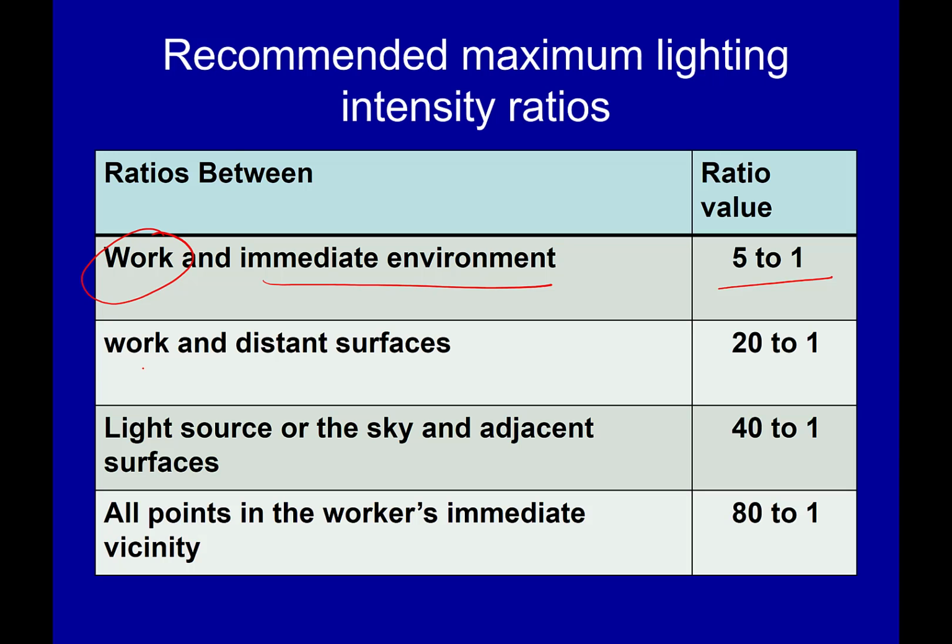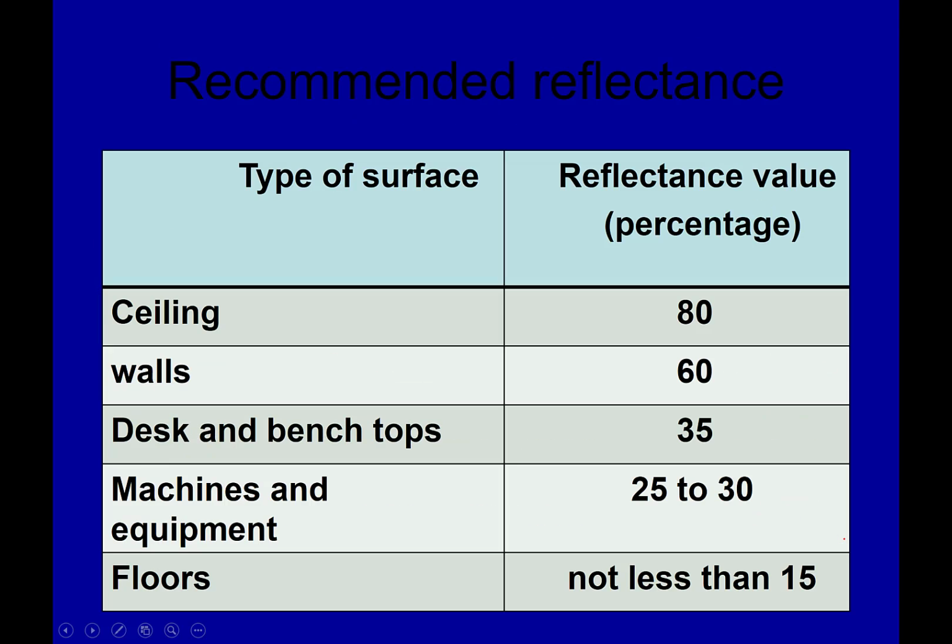And the work to the distant surface is 20:1, and the light source or sky and adjacent surfaces 40:1, and the ratio of the lighting intensities of all points in the worker's immediate vicinity and the work, that is 80:1.